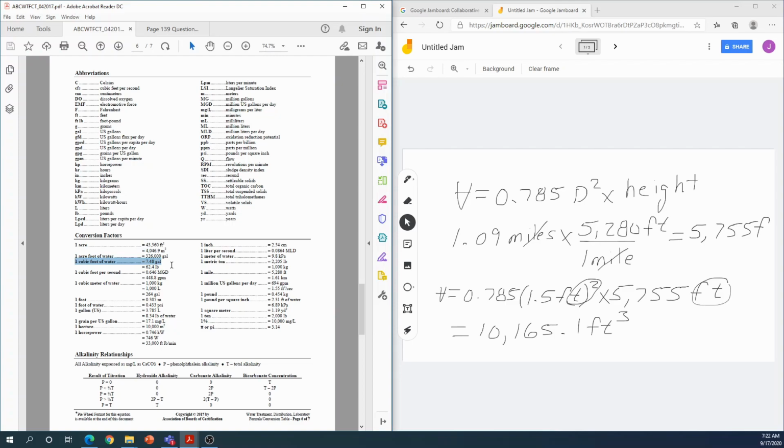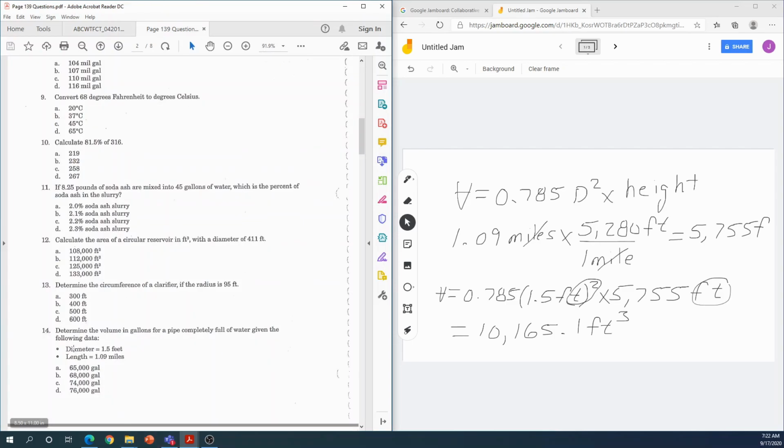Cubic feet cancel cubic feet, and we're left with 76,035 gallons. Come back and look at our problem. Answer D, 76,000 gallons.